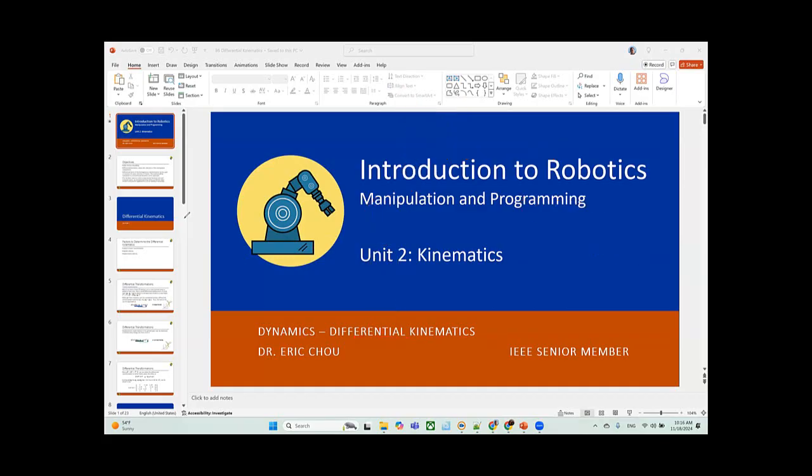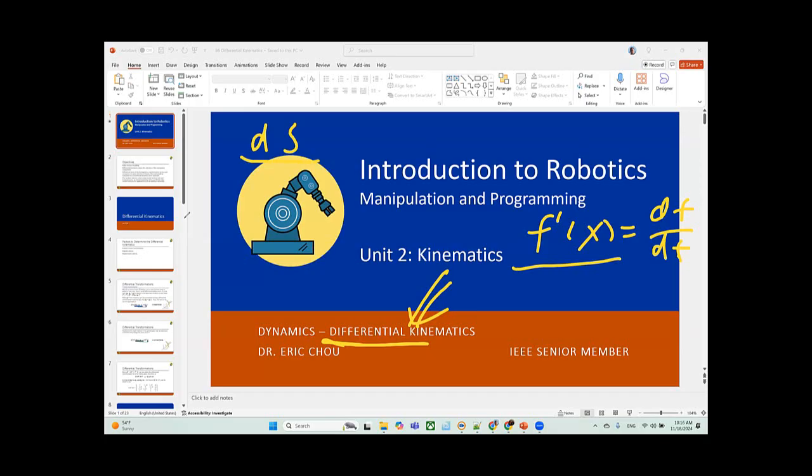Now the next topic is the differential kinematic. Differential means you take a derivative of something. When you take a derivative of a displacement, you get the velocity.